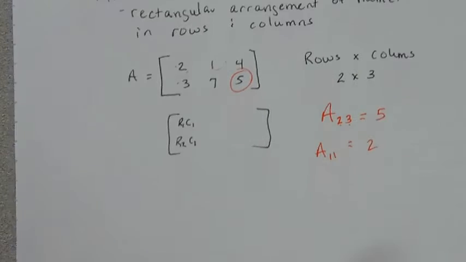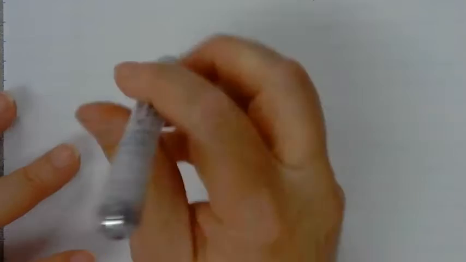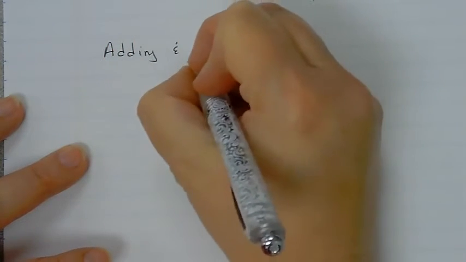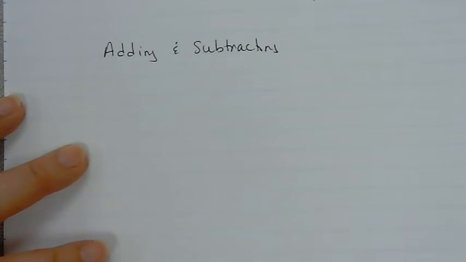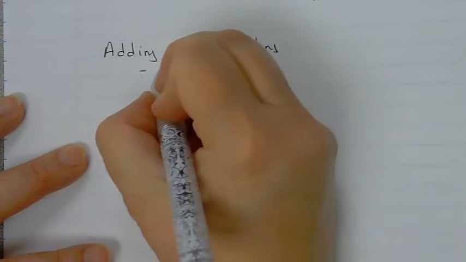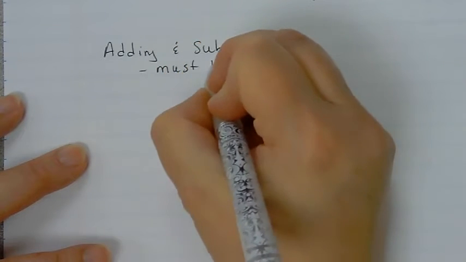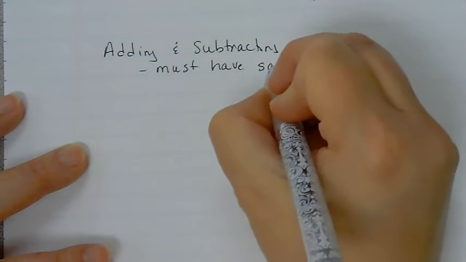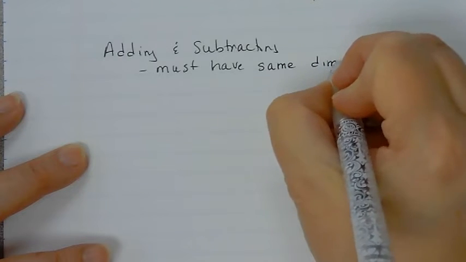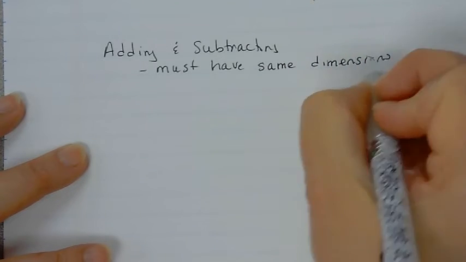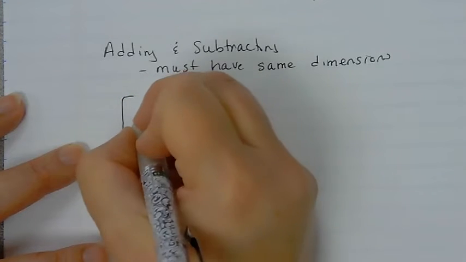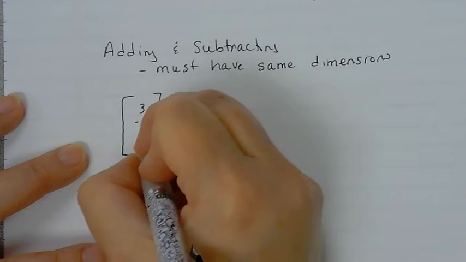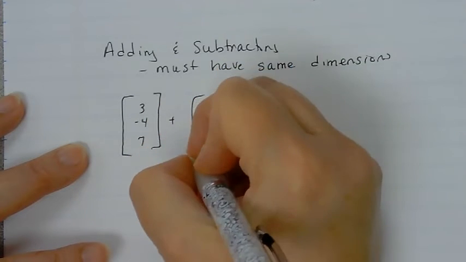Let's talk about adding and subtracting. When you add or subtract matrices, they must have the same dimensions. For instance, I'm going to add this 3 by 1 and another 3 by 1.